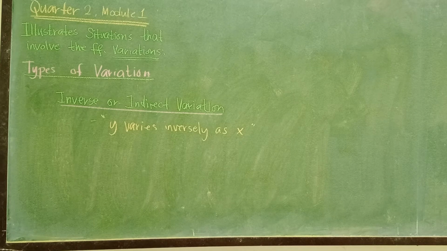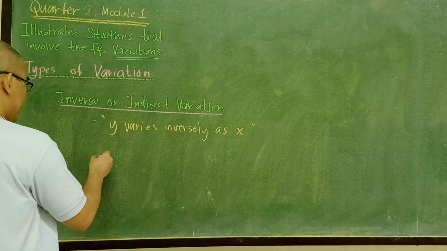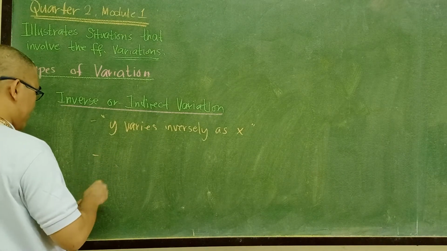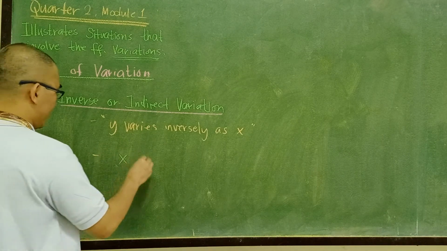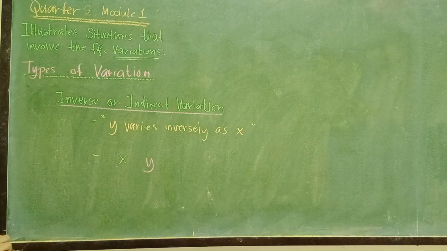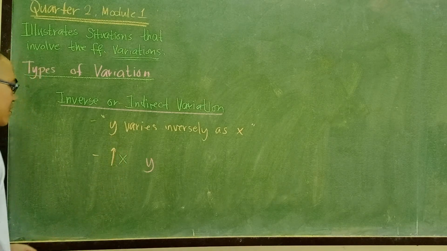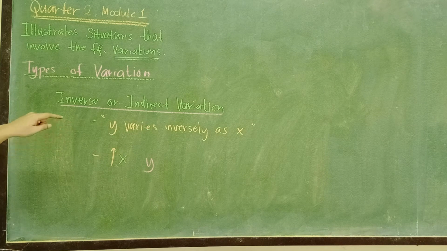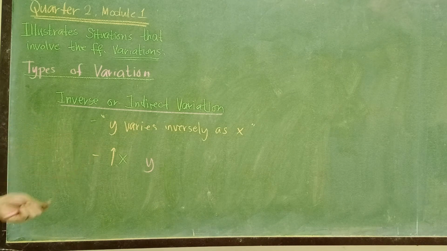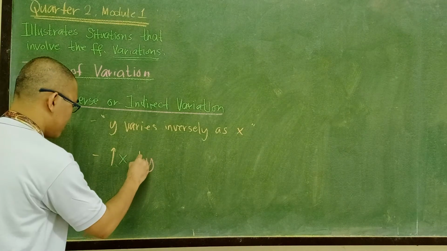So, let's say you have x and then you have y. So, dito sa inverse variation, kung yung value ng x mo increases, yung ratio naman nung pagbabago ng y, decreases.